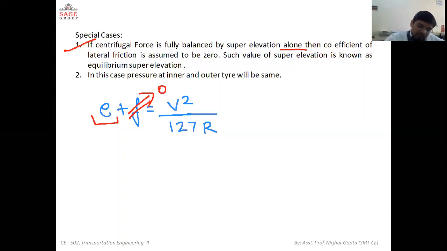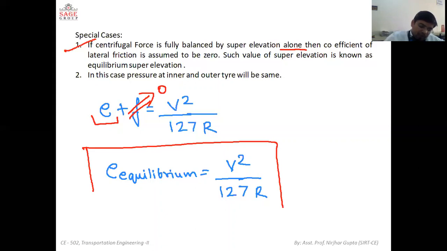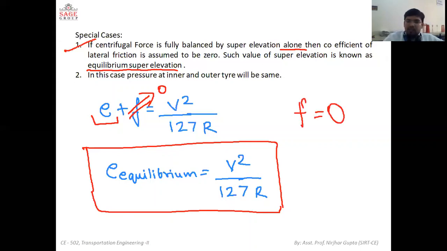So if we further simplify this formula, we will get e equilibrium as V square upon 127 R. This is the direct formula for the equilibrium condition, and whenever it is asked in the question about the equilibrium, we have to remember one thing, that the coefficient of friction, that is small f, is considered as 0.